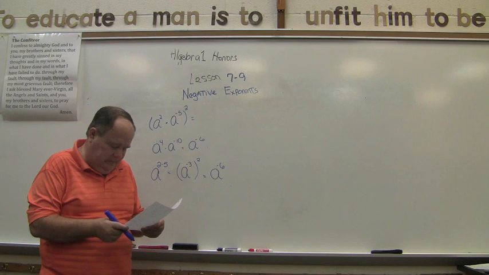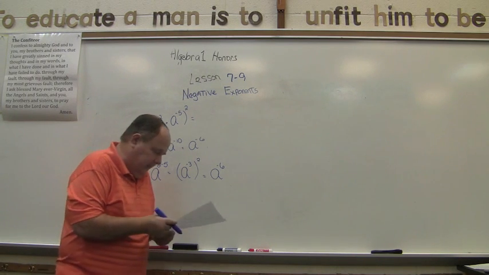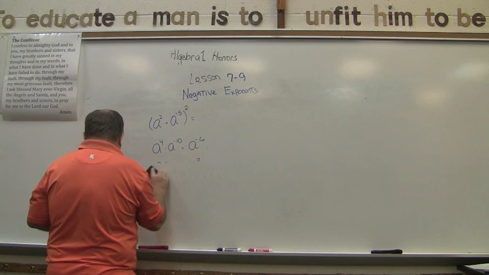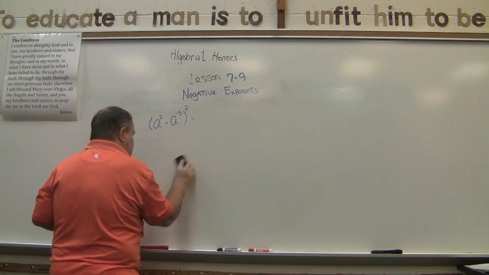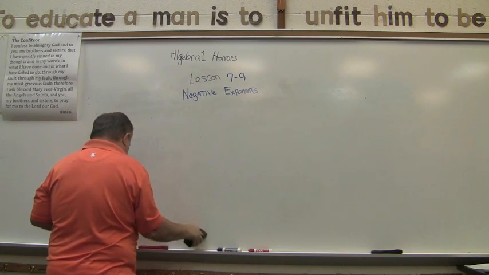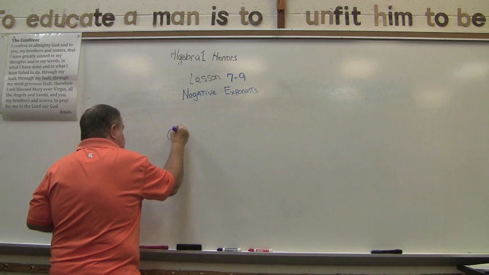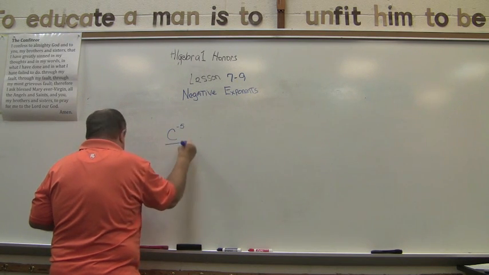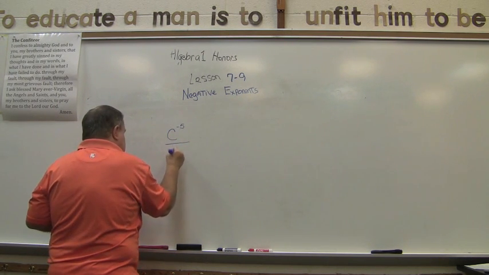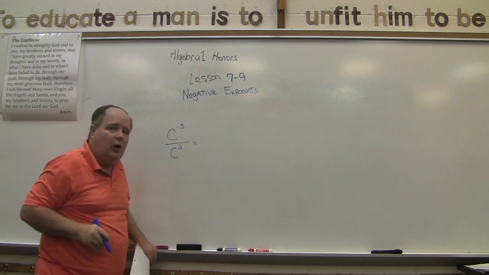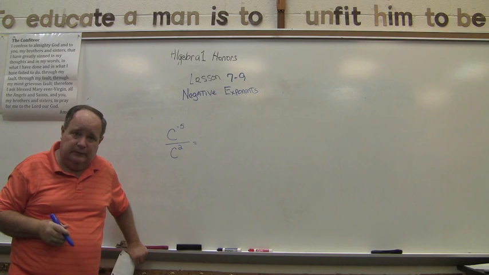Okay, here's the last one that I have. This one uses the quotient of powers. Okay? Let's look at this real quick. If I have c to the negative fifth divided by c to the second, what they're probably going to tell you to do is we want all exponents positive.